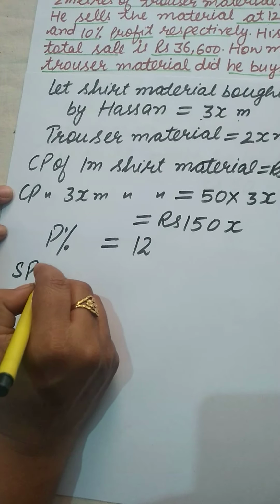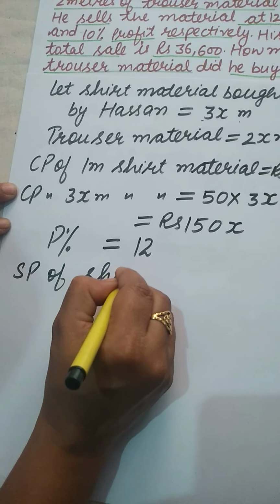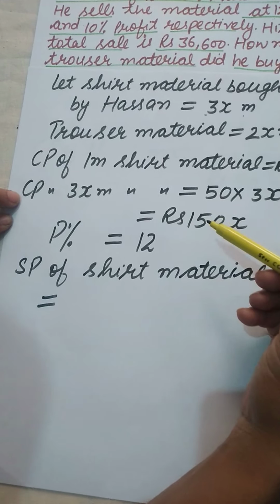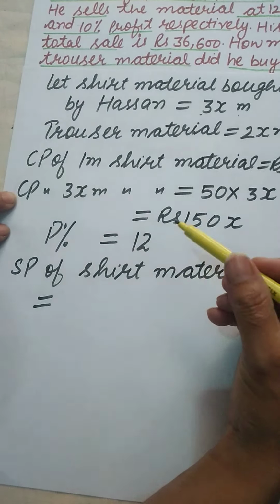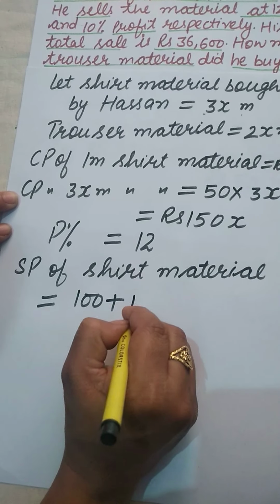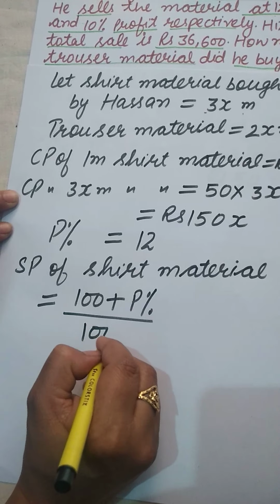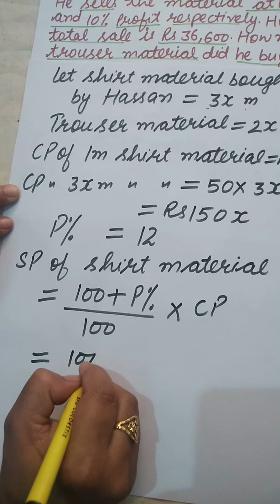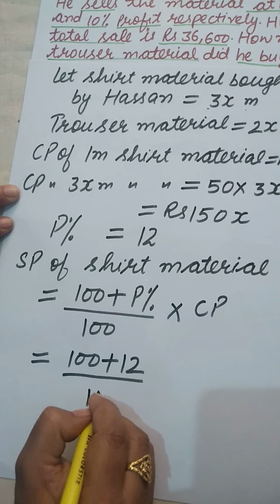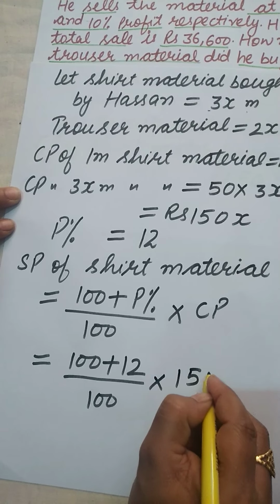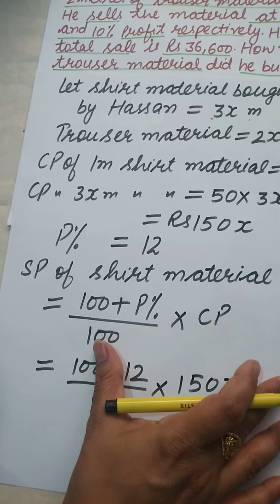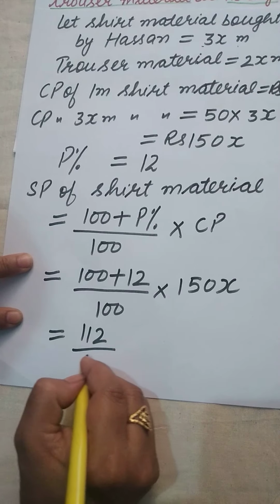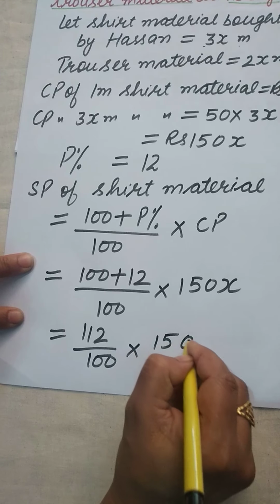So the selling price of shirt material is equal to, as we have the cost price and profit percent, so we will use the formula here, 100 plus profit percent divided by 100 multiplied by cost price, that is 100 plus 12 divided by 100 multiplied by 150x, that is equal to 112 divided by 100 multiplied by 150x.